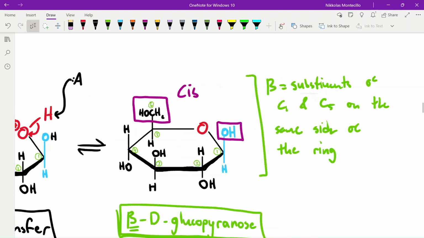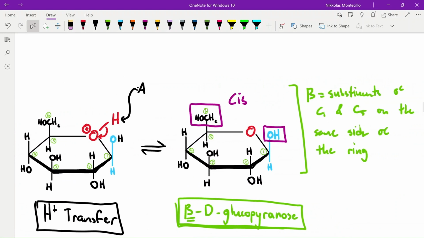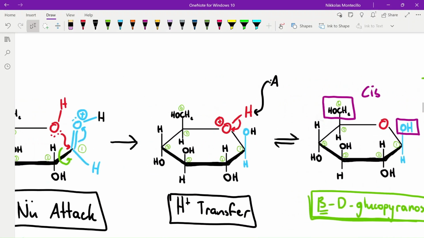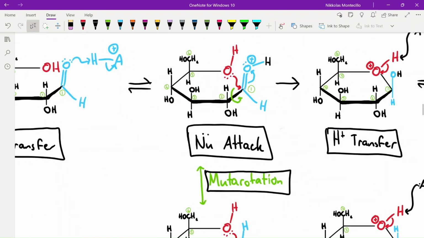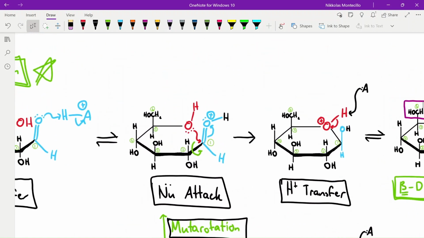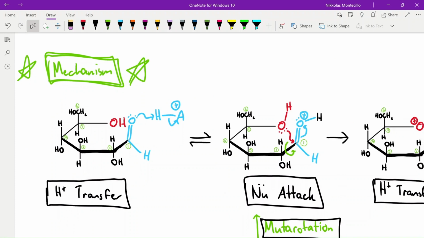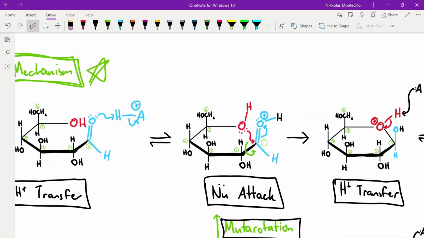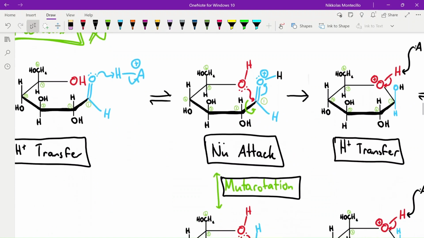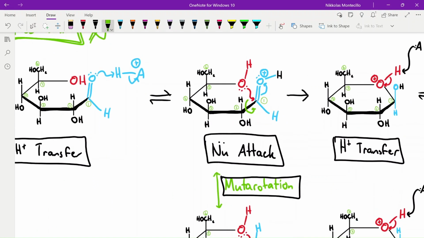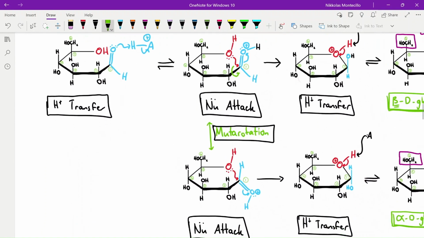So before we get into steric configurations, let's first understand the concept here. Generally with carbohydrates or monosaccharides in their open ringed form, we can see that between carbon 2 and carbon 1, they exhibit a degree of rotation at this particular bond between C2 and C1, and we call this mutarotation.